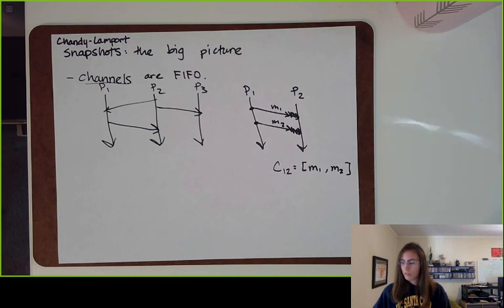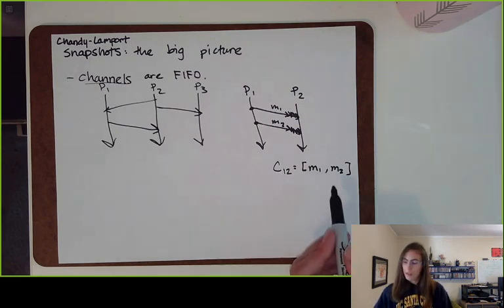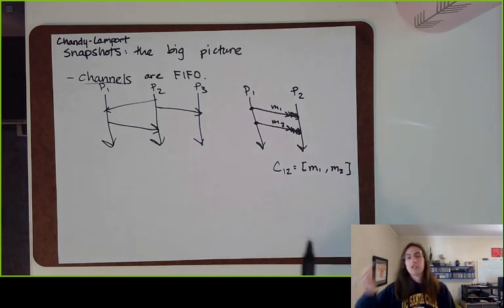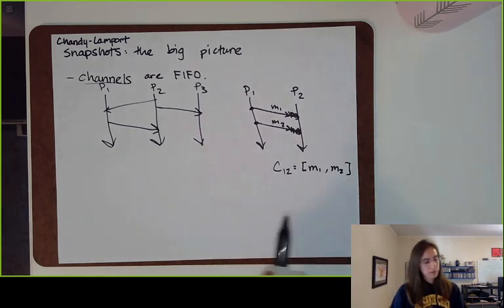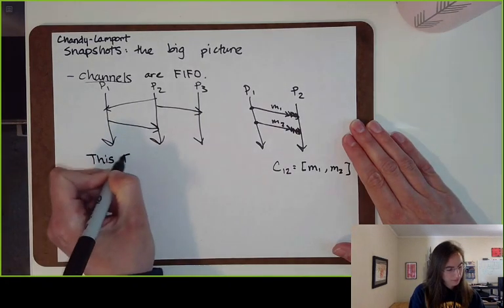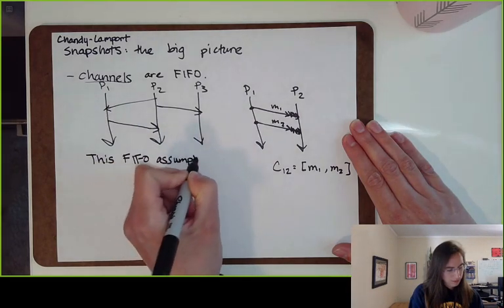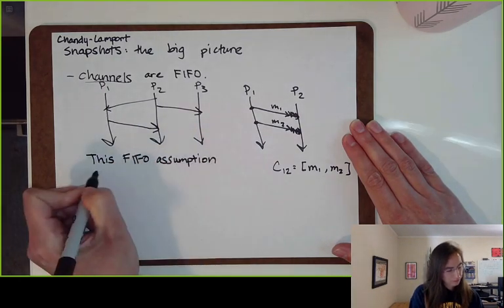Well, it turns out that this assumption that messages get delivered in FIFO order has to be in place in order for the Chandy-Lamport algorithm to work. We just saw that a little while ago.